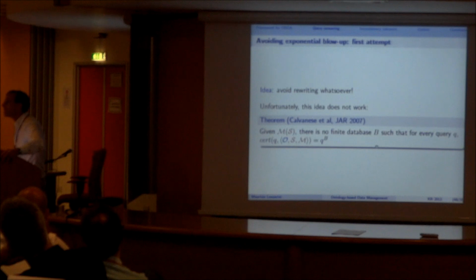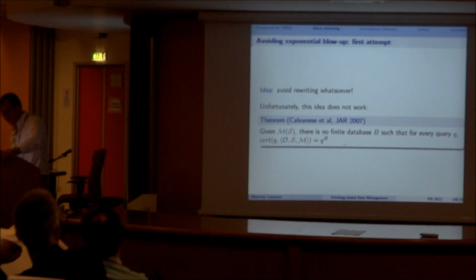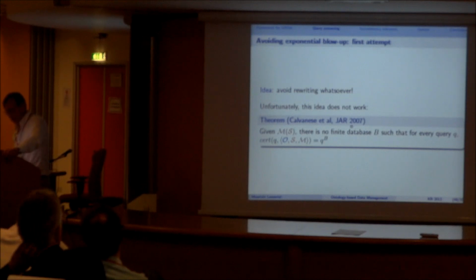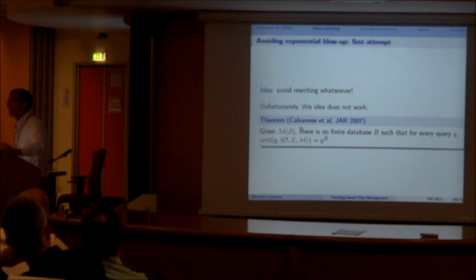Now, this idea does not really work in general, because we have proved that for our language, DL-Lite A, given your set of facts, there is no finite database B such that for every query Q, the certain answer coincides with evaluating the query over this database.